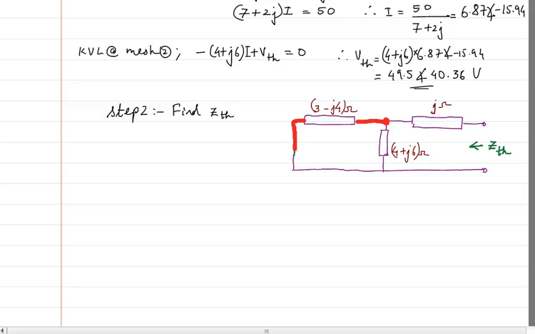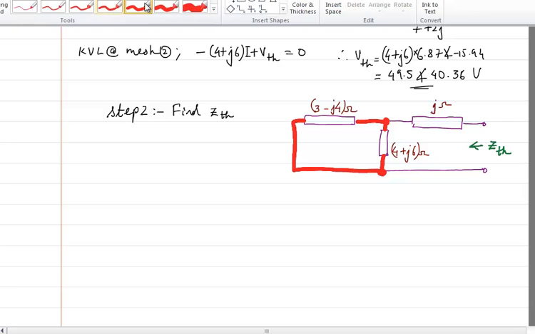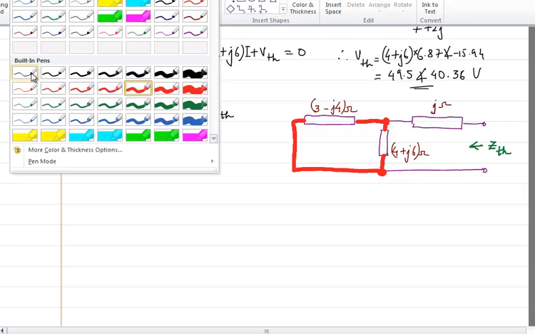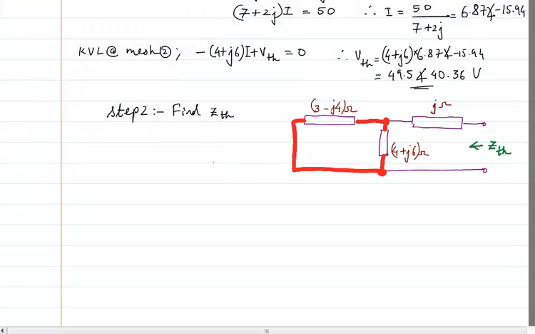But if I take the other end of this one and bring it here, these are the two ends of this element 3 minus J4, and this element will have its two ends touching the first two. So these two are going to be in parallel. Let me draw it and then write the value straight away.